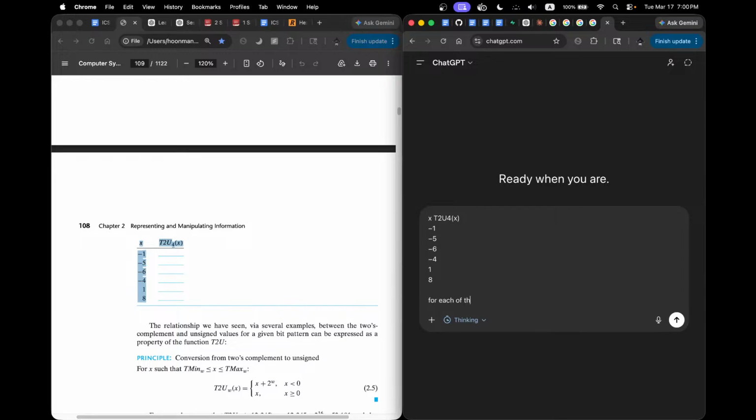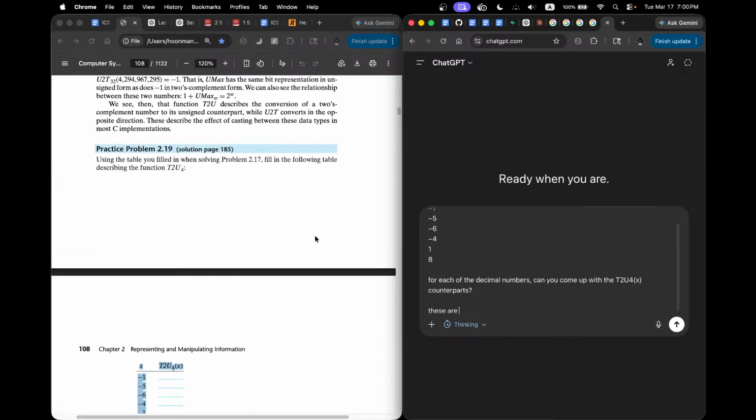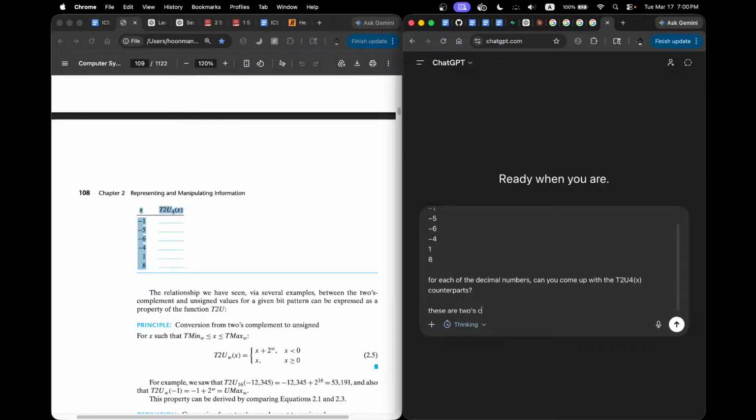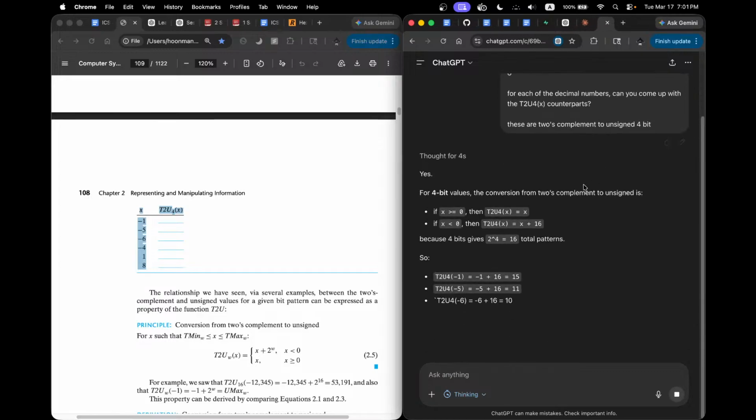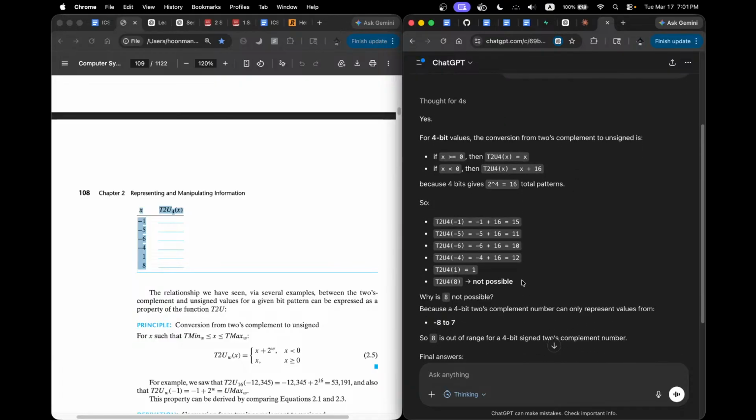For each of the decimal numbers. Surely chat will be able to do this. 15, 11, 10, 12, 1, 8.